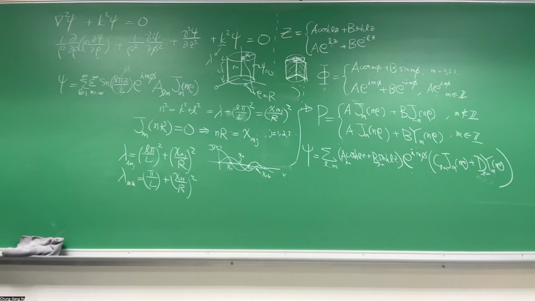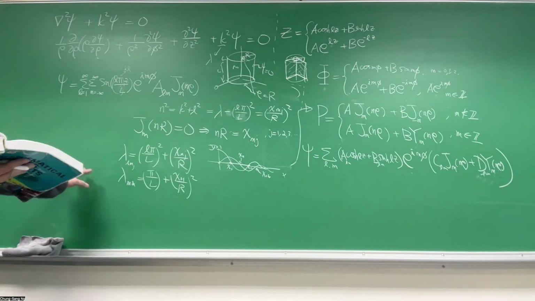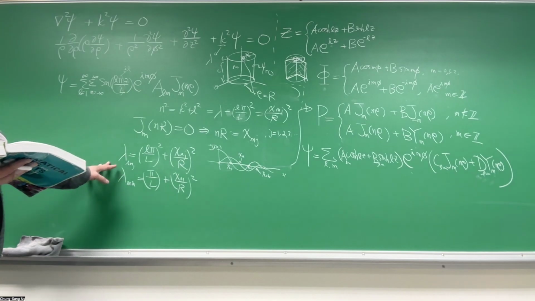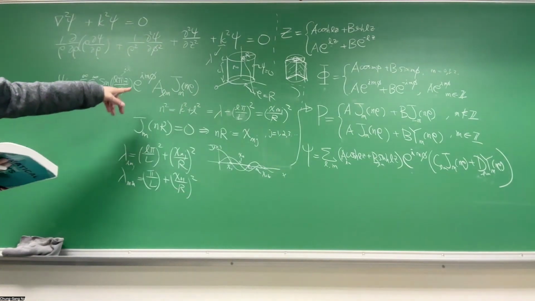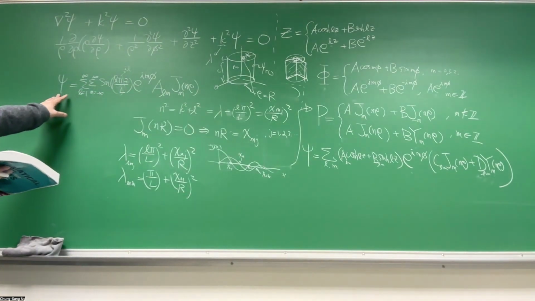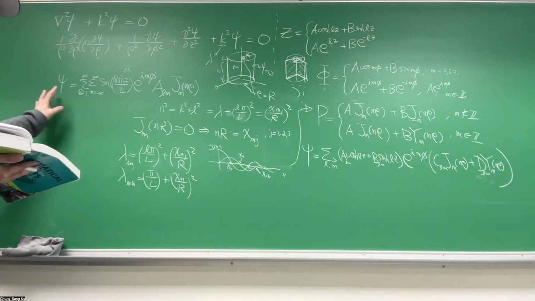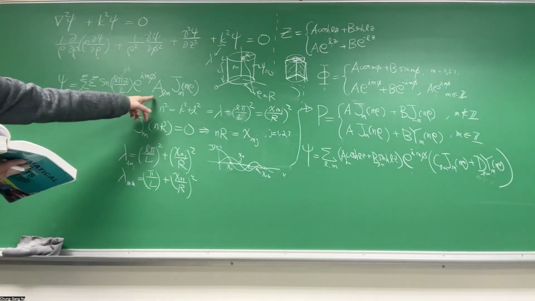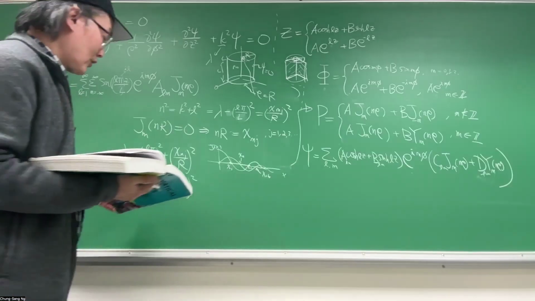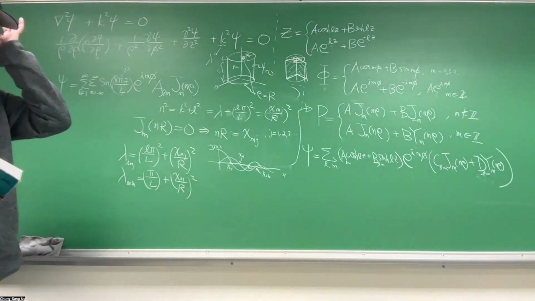Okay, so that is just the eigenvalue. Once you figure out the eigenvalue, you can put it back to here and write down the form of the solution, the eigenfunction. But that would depend on the lowest mode, and it depends on an arbitrary amplitude.